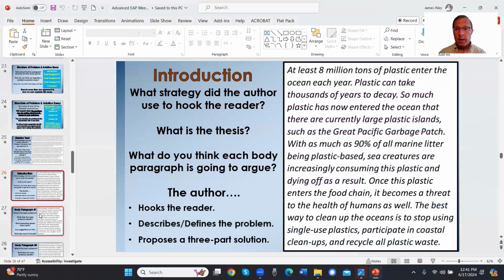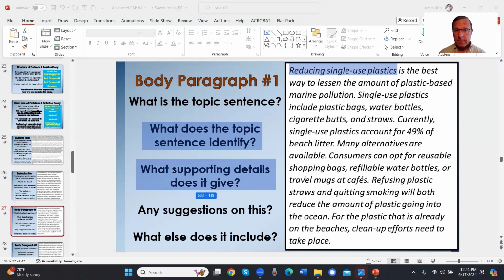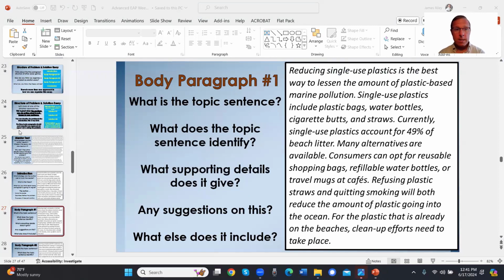If we go to our first body paragraph, they talk about that first aspect of the solution, reducing single-use plastics. That's the topic sentence. Then the author gives lots of details about how we can reduce our single-use plastics. Then the author says, for plastic that is already on the beaches, cleanup efforts need to take place.